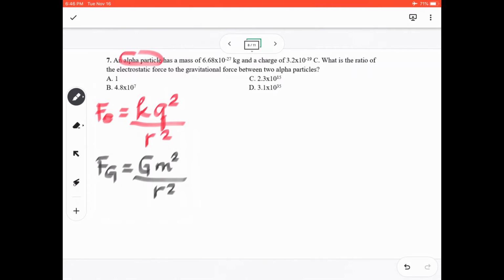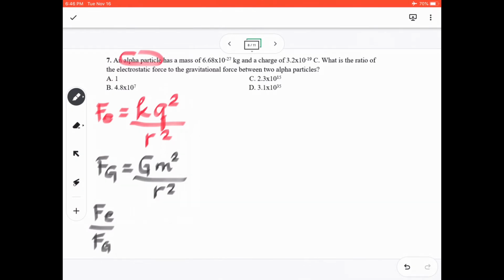As you can see, the formulas are similar. Now we are being asked for the ratio between Fe, the electrostatic force, and the gravitational force. It means that we are going to have Fe divided by Fg.